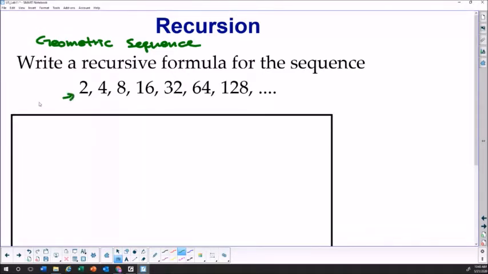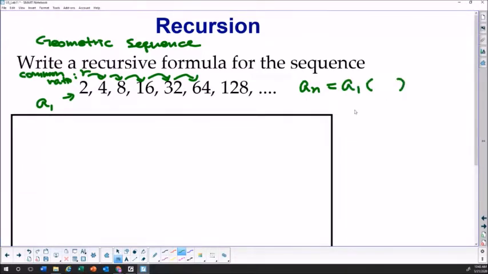A geometric sequence starts from the first term. To get the next term, you multiply by the common ratio, right? We call this the common ratio because we always multiply by the same number to get the next term. So when you get the nth term of the geometric sequence, you start from the first term, then count how many times you multiplied the common ratio.